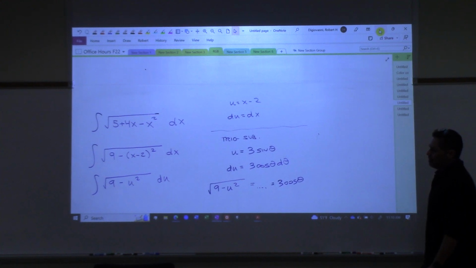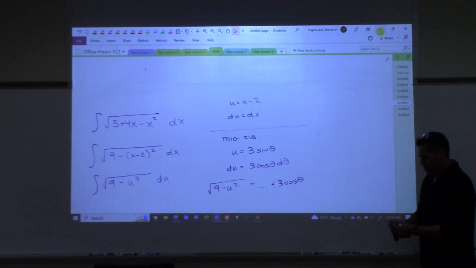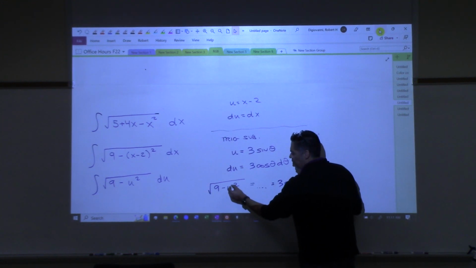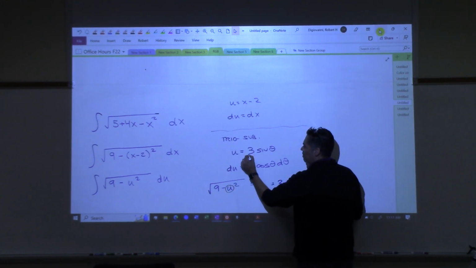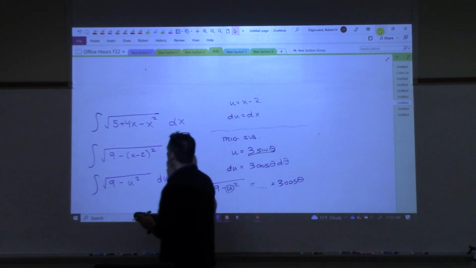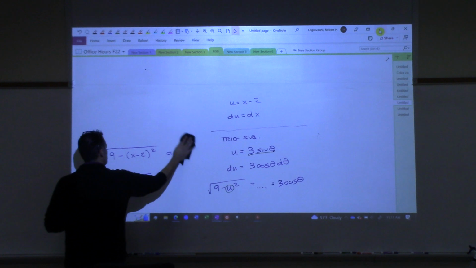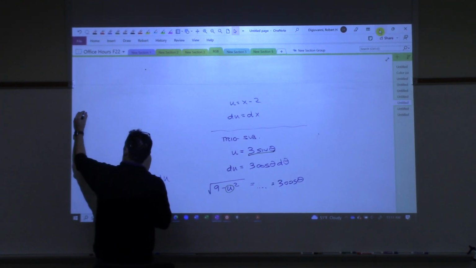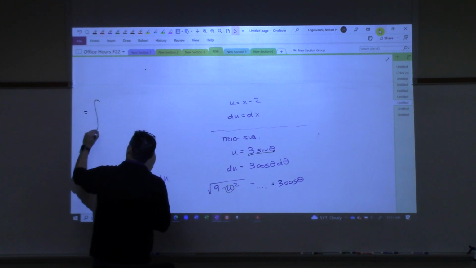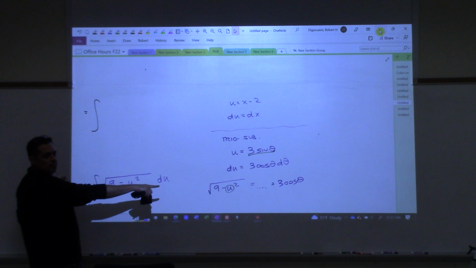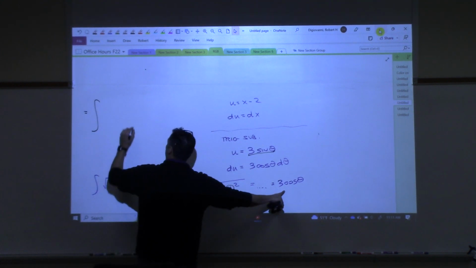And now I rewrite the integral, right? I rewrite the integral. If you're unsure what I just did, that gets replaced with this. And then good things happen. Okay, rewriting this integral, it becomes the integral. All right, this whole square root thing, we just said turned into 3 cosine theta. So that's this.